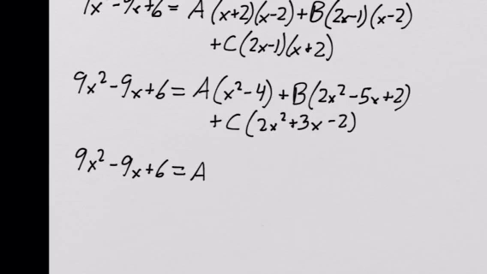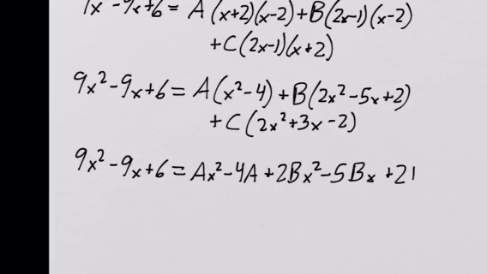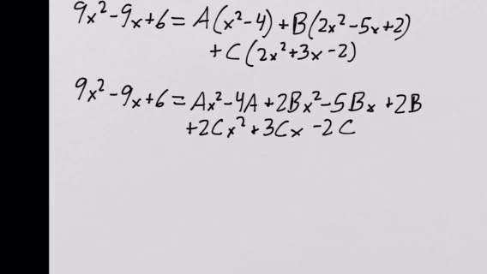So we get A x squared minus 4A plus 2B x squared minus 5Bx plus 2B plus 2C x squared plus 3Cx minus 2C. And now we'll go ahead and combine like terms based on the proper powers of x on the right-hand side.